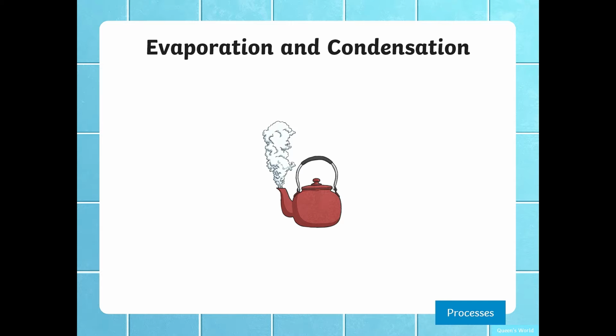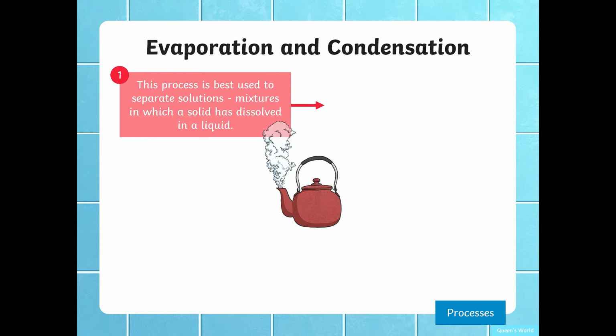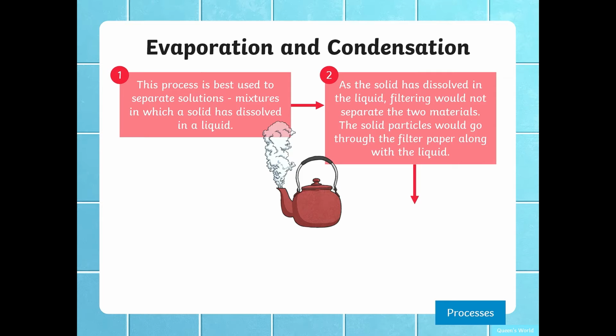Evaporation and condensation. This process is best used to separate solutions, mixtures in which a solid has dissolved in a liquid. As the solid has dissolved in the liquid, filtering would not separate the two materials.